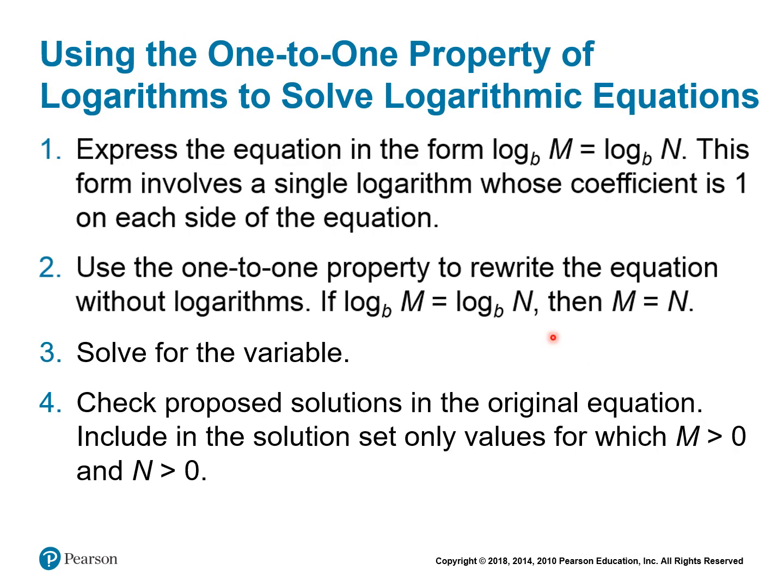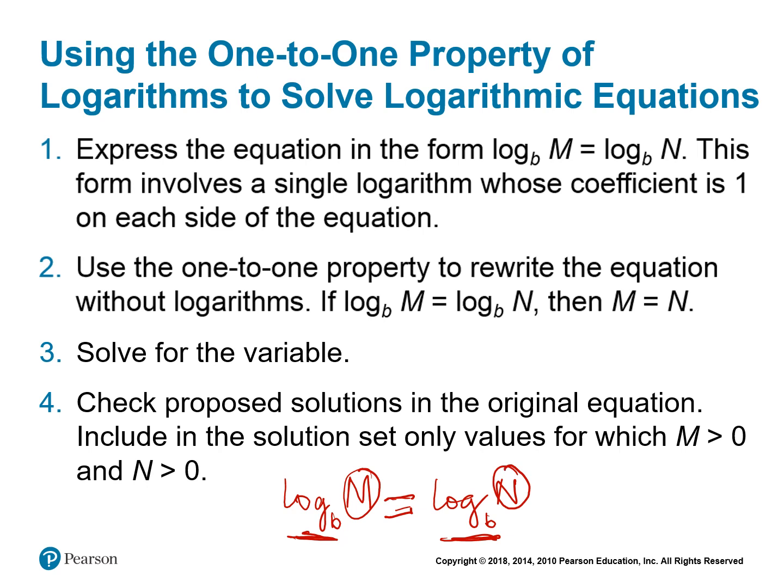Now we learn solving logarithmic equations using what's called the one-to-one property. The one-to-one property essentially says that if you have on either side of the equation two logs with the same base, let's call that base b, then as long as we have logs to the same base and an equal sign in between, we can make this m equal to the n.